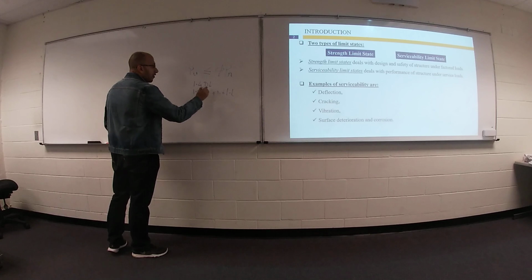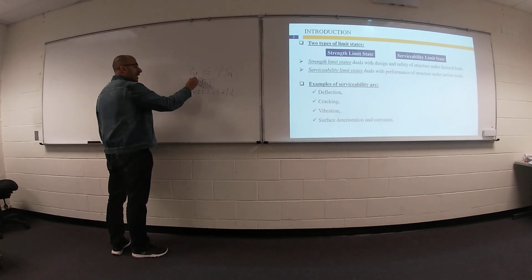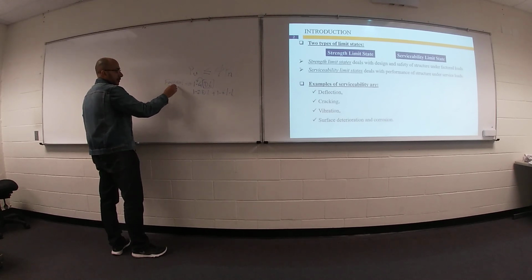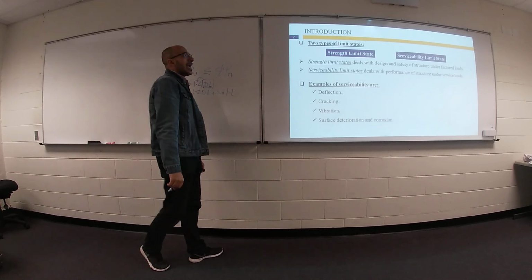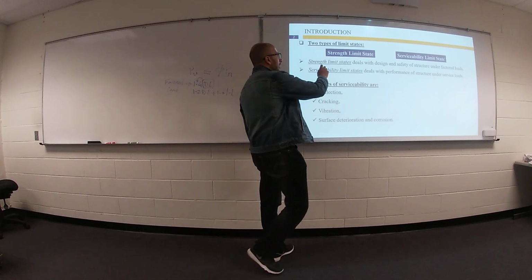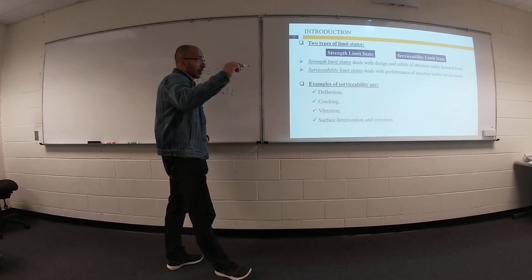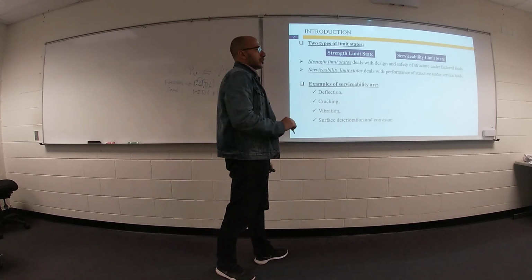If you multiply your value of load by a factor, this value is called factored load. We need this value if you are talking about strength limit state, if you are talking about design, if you are talking about safety of your structure.